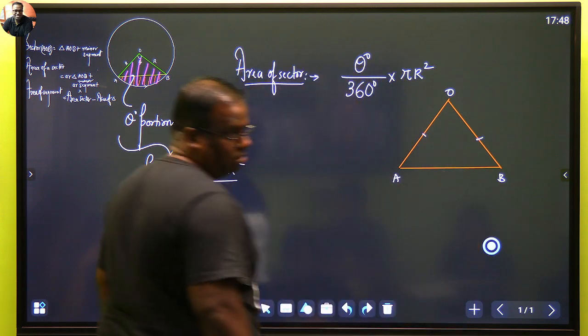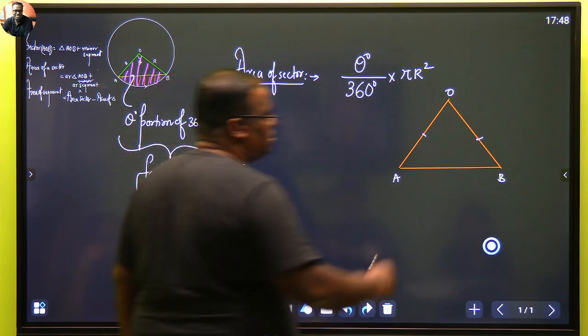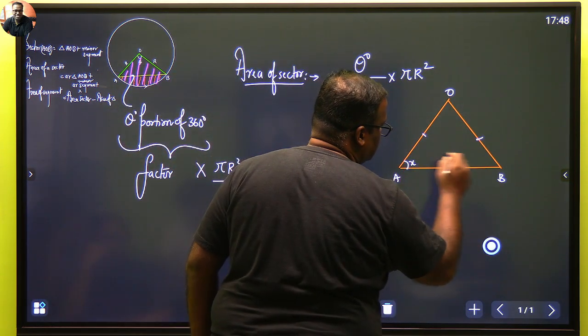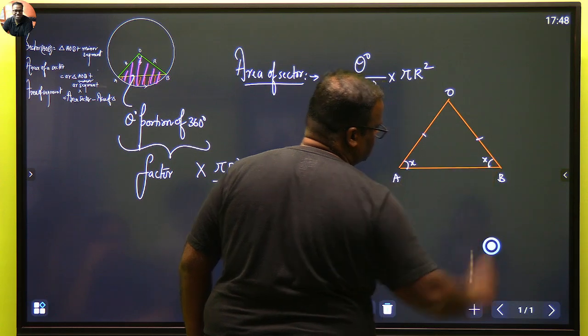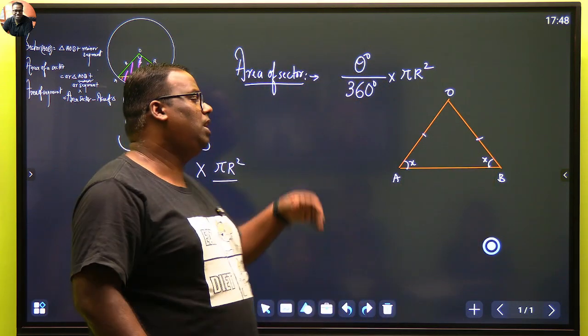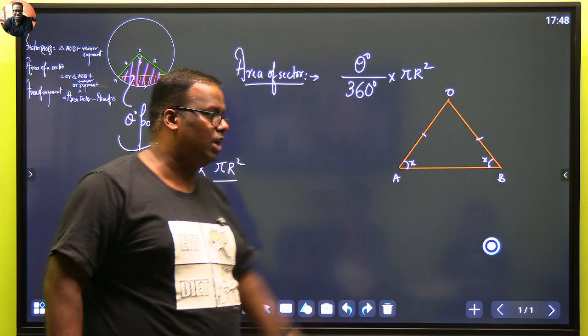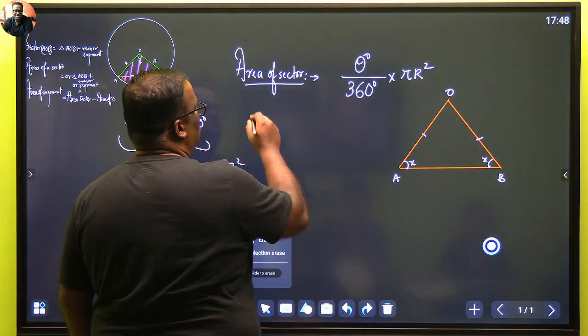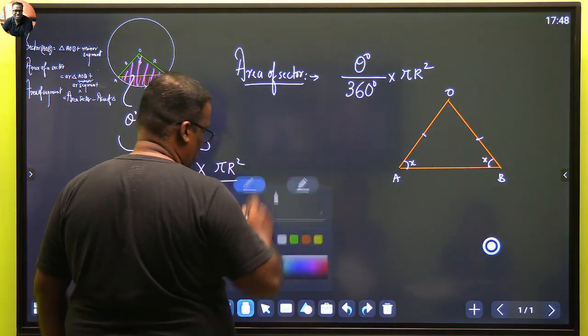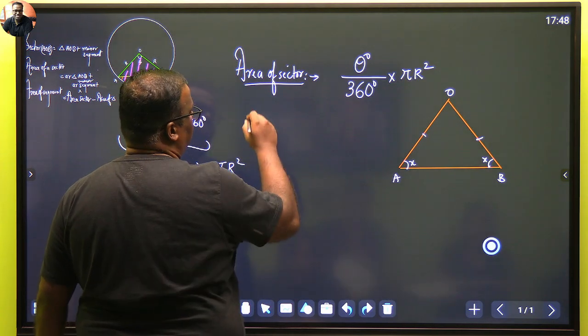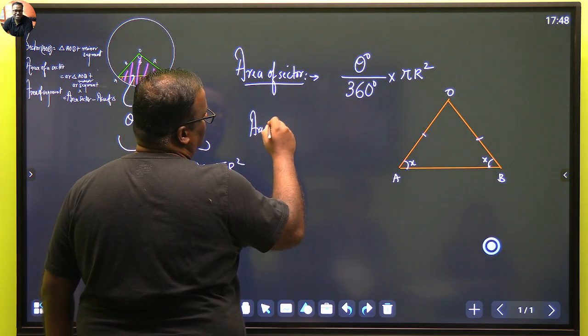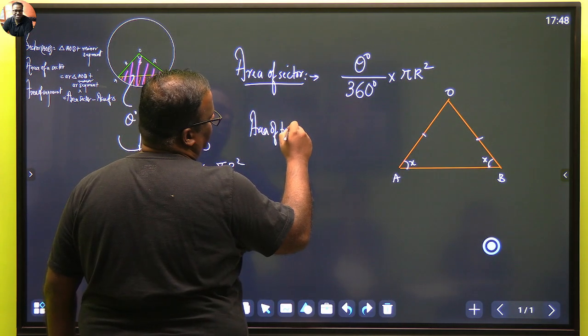Do you agree or not? That means if this angle is x, this angle is also x. So you have to apply a lot of tricks. You need the area of the triangle. All we are interested in is the area of the triangle.